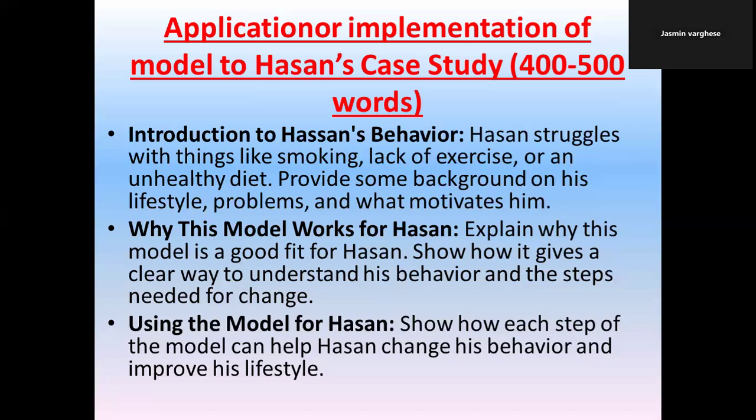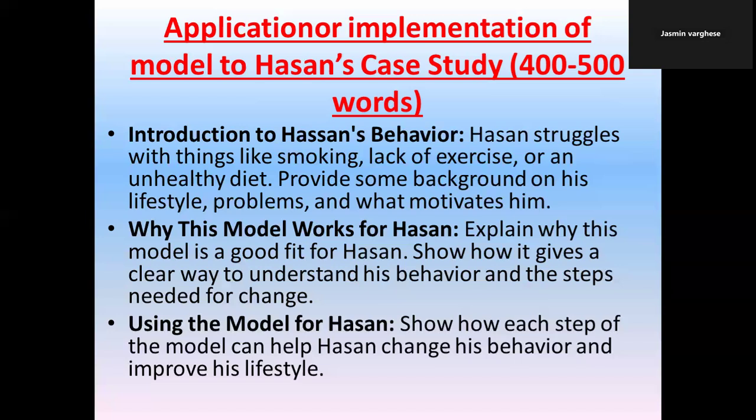Just look into these slides. You can give an introduction to Hassan's behavior. You can write that Hassan's situation is this: Hassan has type 2 diabetes, his blood pressure is high, he is smoking, he is not doing any exercise, and he is following an unhealthy lifestyle.